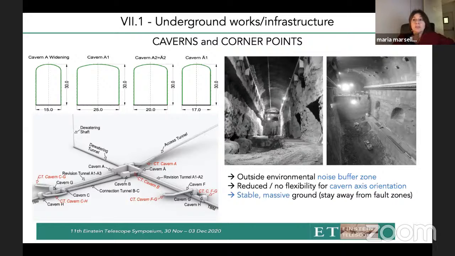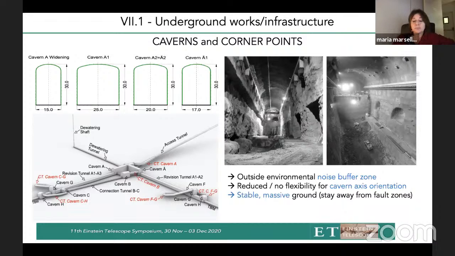We should also understand which is the optimal geometrical configuration. Of course, this activity will be done generally, but also in parallel with looking at the site specifications.